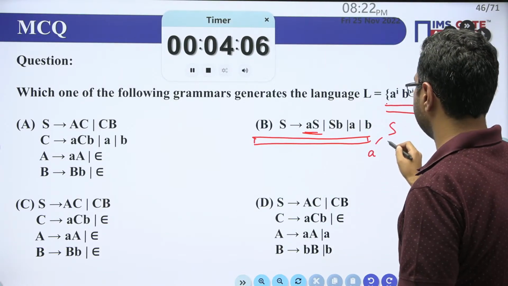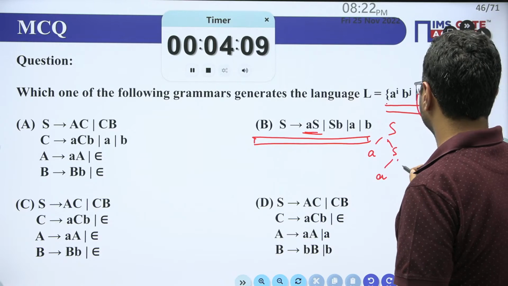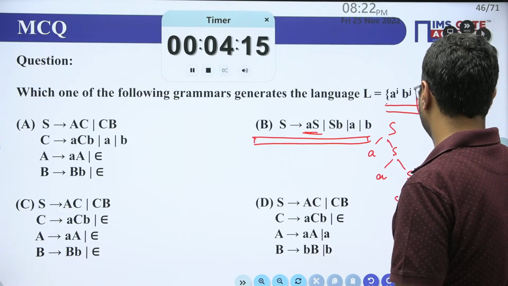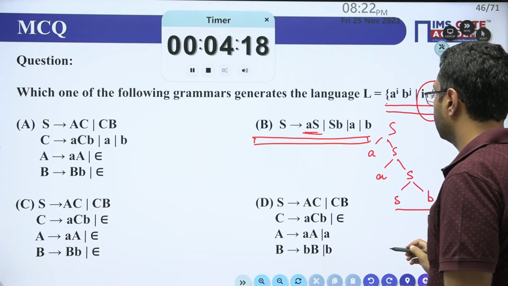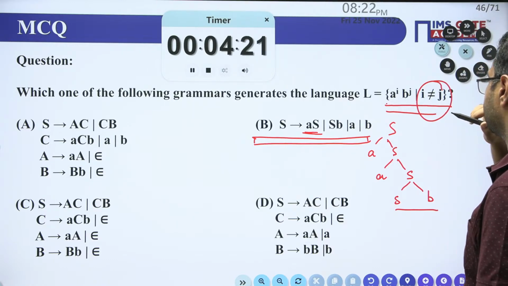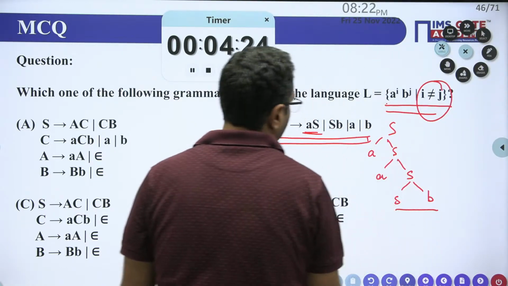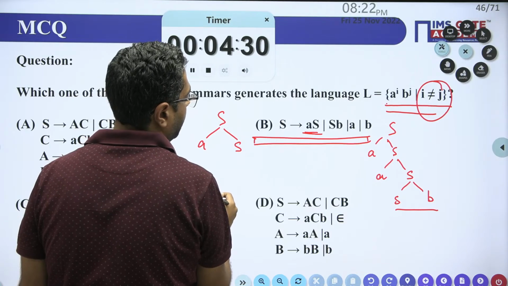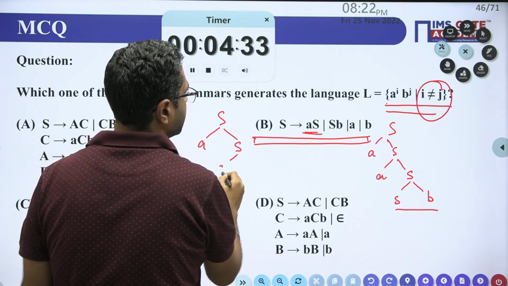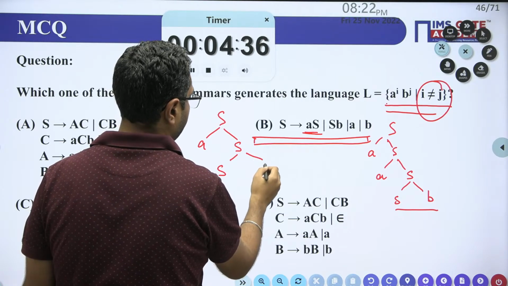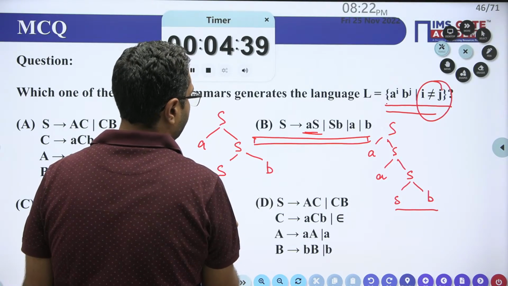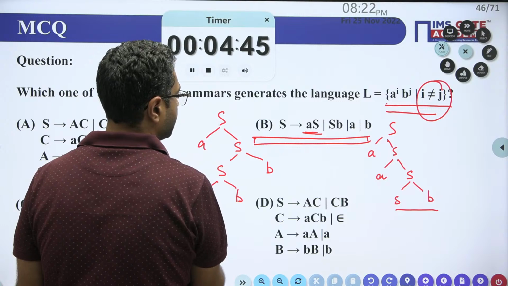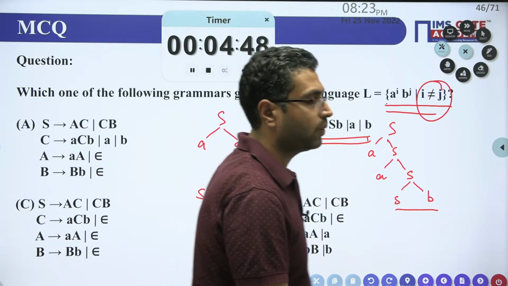From S it will produce AS, and then you can keep on producing AS or SB, but it does not tell you about the relation between i and j. So for example, I might end up producing S goes to AS, and then S goes to SB, and from this SB, I can again produce another SB, and from this S I produce an A. So here the number of A's can be equal to the number of B's also.